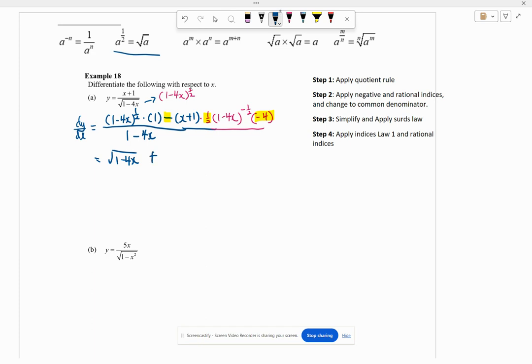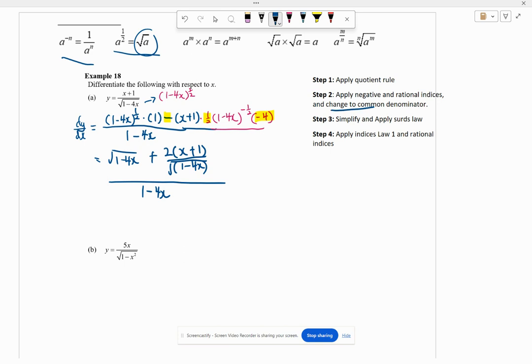So plus 2, bracket x plus 1. Then apply negative indices, which you are familiar with already. So (1 minus 4x) to the power of half, change it directly to this, so square root of this, the whole thing over 1 minus 4x.